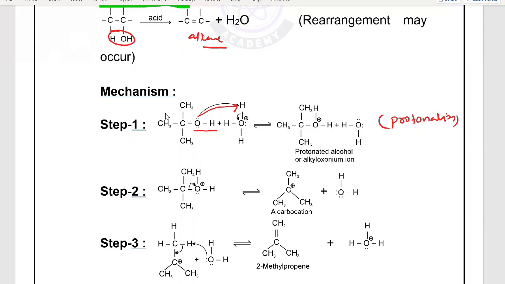Now tell me, after protonation we have got protonated alcohol, with oxygen carrying positive charge, which means highly unstable. By taking electrons, now it will act as a good leaving group. It will leave like this, and we will get again a carbocation. And after that, beta hydrogen, same process, we will get alkene as the product.